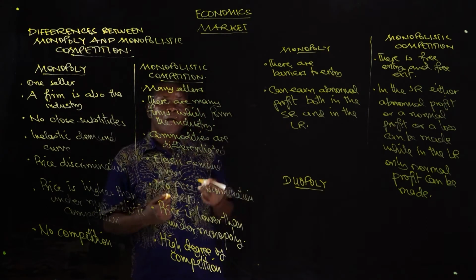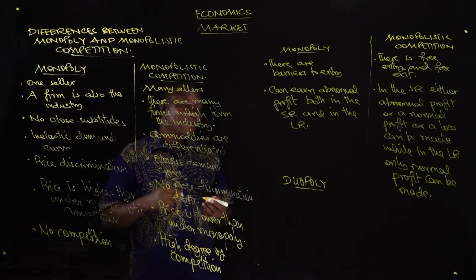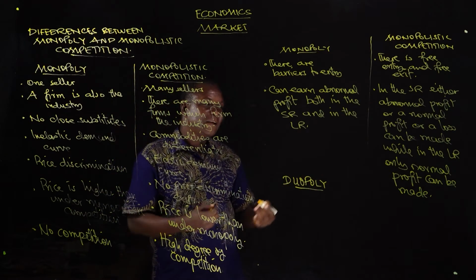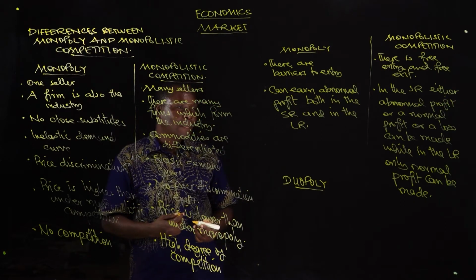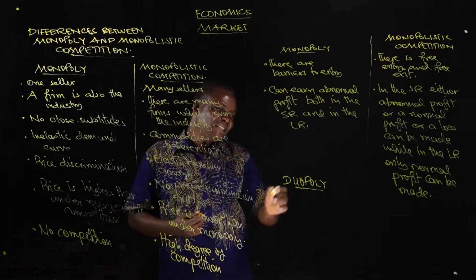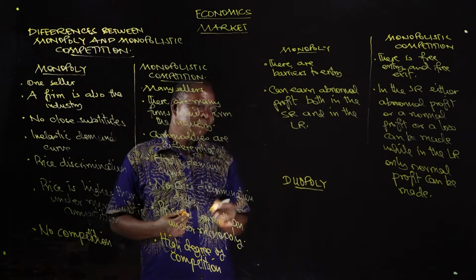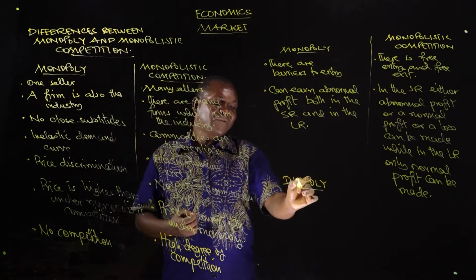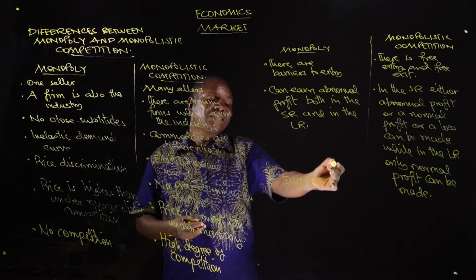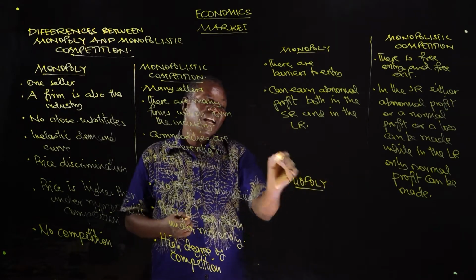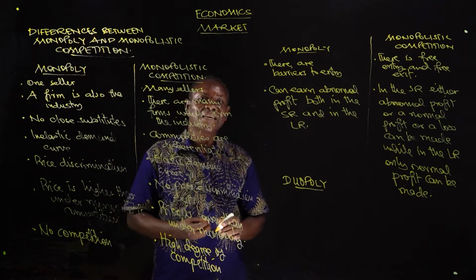Of course, we have others which we listed, which we are going to see as we go along. Duopoly has two words derived from two Greek words, where duo stands for two and polis stands for seller. So a market structure where you have two sellers in a market.